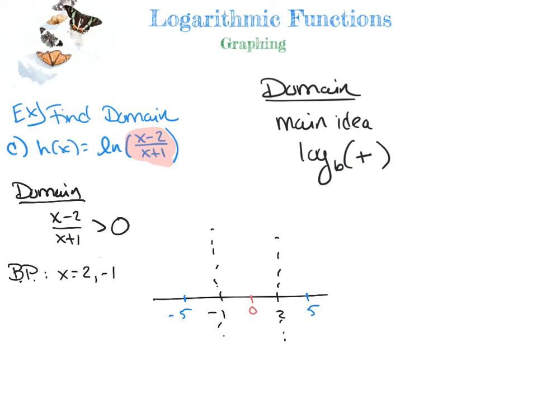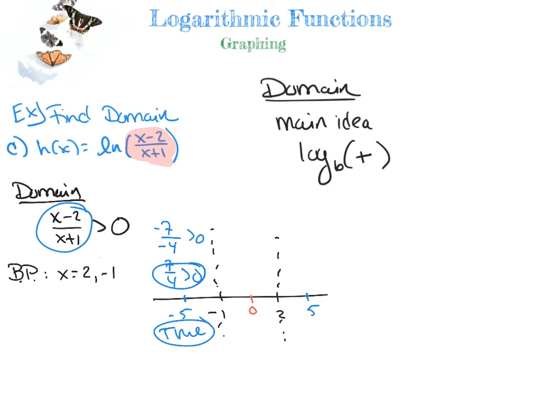When I plug in negative 5 for the x, negative 5 minus 2 is negative 7, and negative 5 plus 1 is negative 4, which is positive 7 over 4. I'm looking for if that's greater than 0 or not, and it is. So that is a true statement.